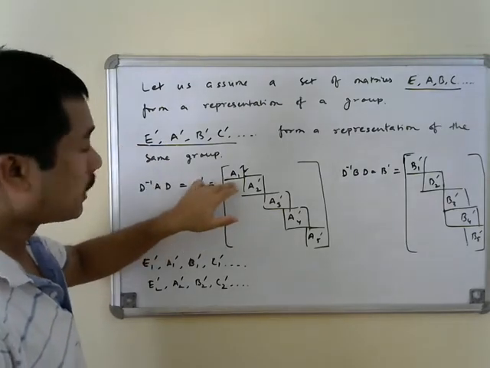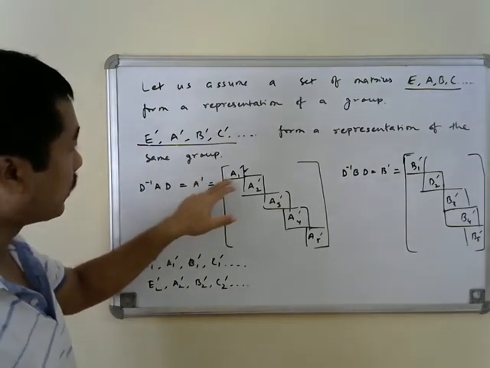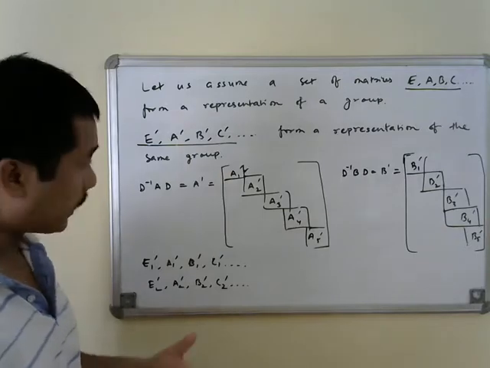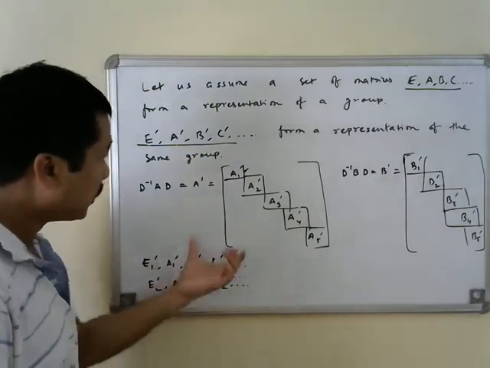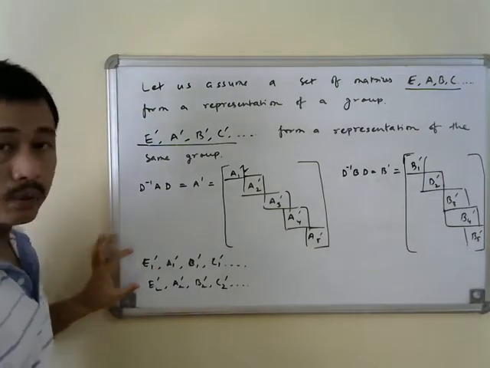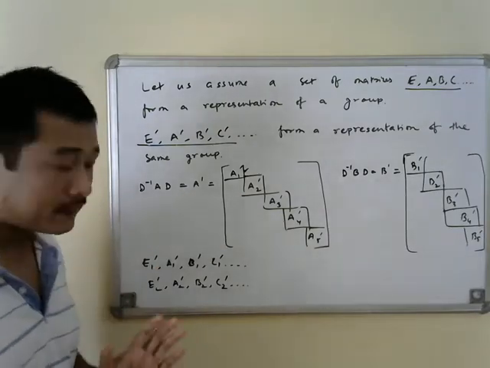These are small block factored components of the parent matrices essentially. So these also form representation of the same group.